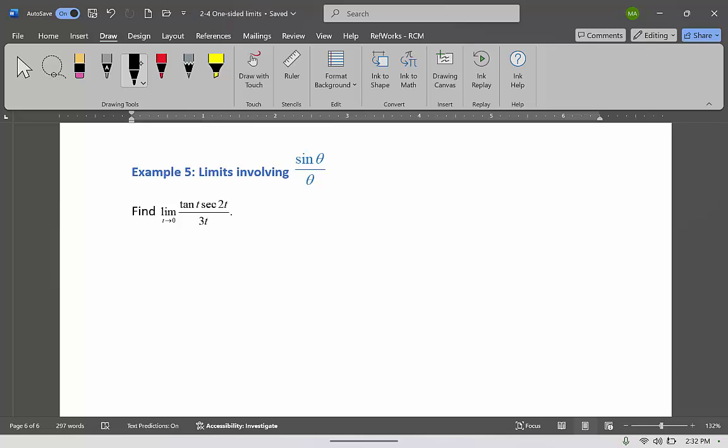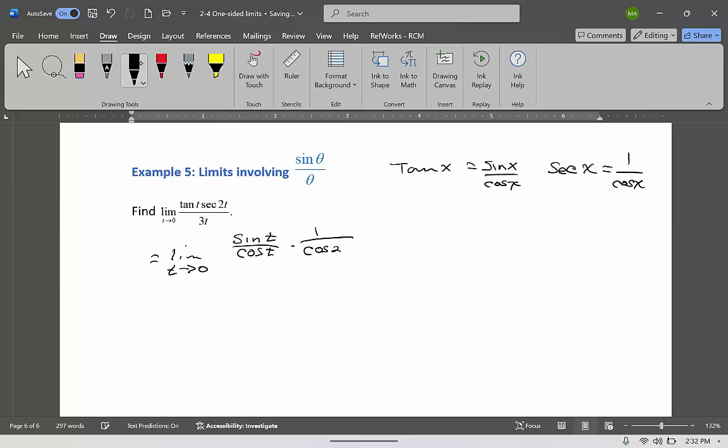So if we remember that the tangent of x is equal to the sine of x over the cosine of x, and also that the secant of x is equal to 1 over the cosine of x, then we can rewrite this limit to be the limit as t approaches 0 of the sine t over the cosine t times 1 over cosine 2t, and then the whole thing divided by 3t.